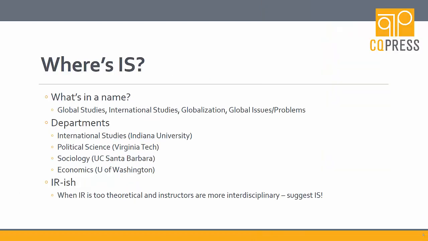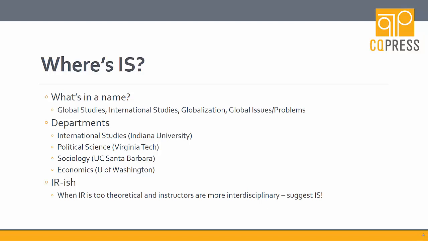So where are we finding international studies? What is the course called? Most of the time it's going to be called International Studies, Global Studies, Globalization, or Global Issues. There are a few other variations, but typically they're going to say international or global in the title. Like we said before, a political scientist usually teaches this course, and many times it can be found in political science departments.